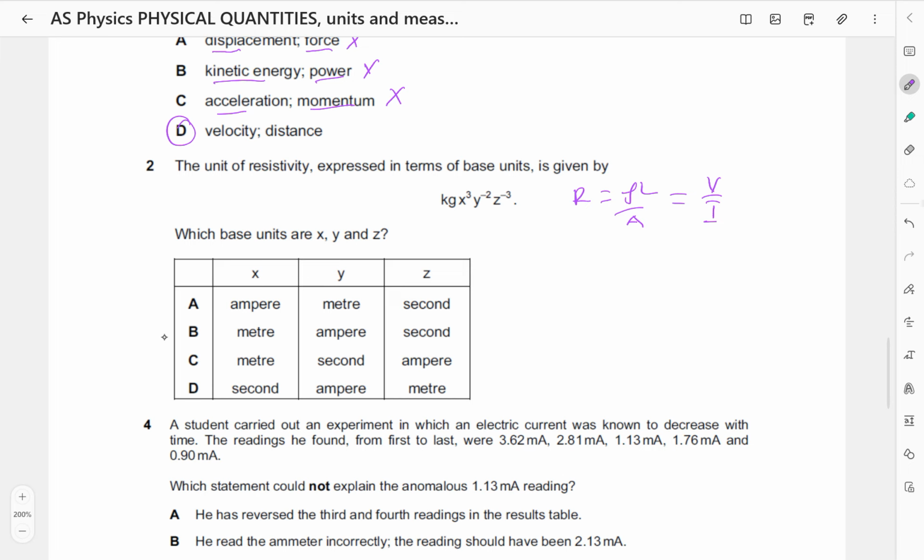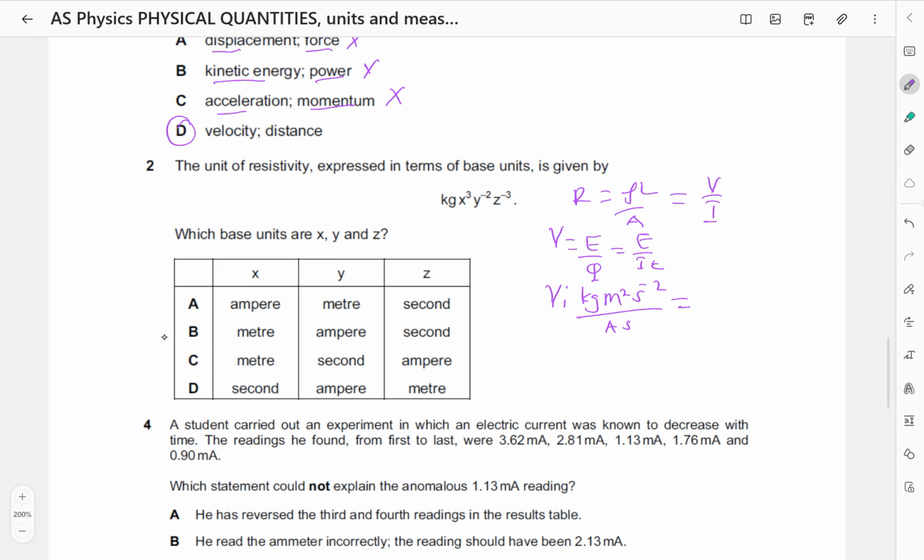V, potential difference, can be energy over charge. So the units of V can be energy, which is kilogram meters squared per second squared, divided by charge. Charge is current times time, so this is energy over I t, which is ampere seconds.